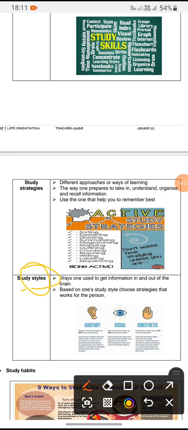Study styles are how one gets information in and out of the brain. Study styles are based on one's style. Choose the strategy that works for you. You know what? In study styles, we have different people. We are different, right? So because we are different, we have different IQ levels. So we have different types of students.